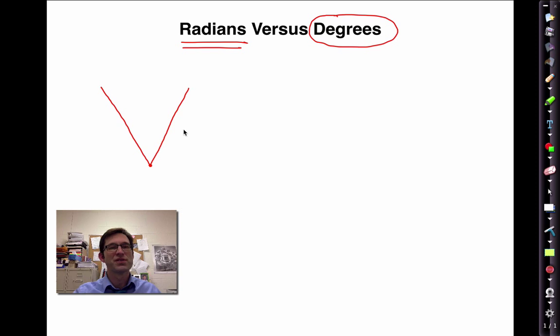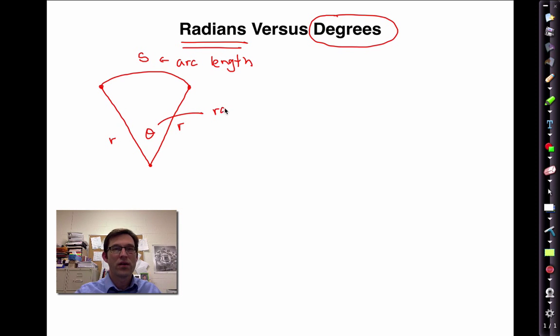If I have part of a circle, I've got a radius, and that radius sweeps through an arc length, an actual length. Then we will define the radian angle that the radius passes through, or that the arc passes through, by a simple formula.